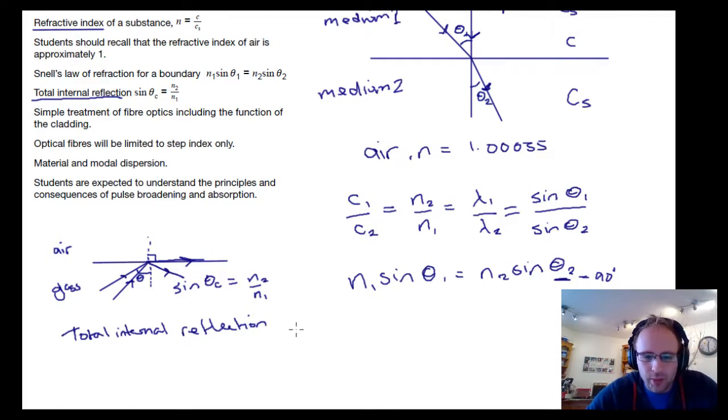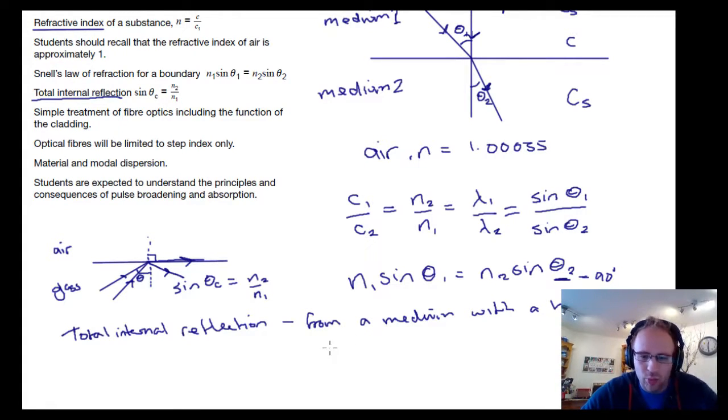We can get total internal reflection when we're going from a medium with a higher refractive index to a medium with a lower refractive index.